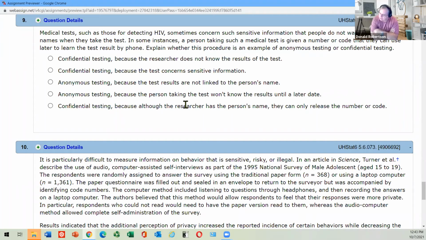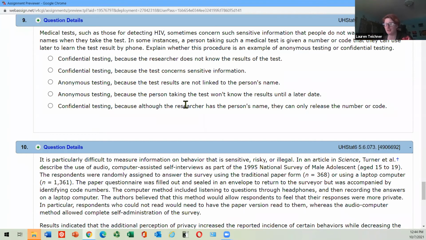That's kind of how it's going to work. Is that anonymous or confidential? Because it's only one of them. Nobody wants to commit?